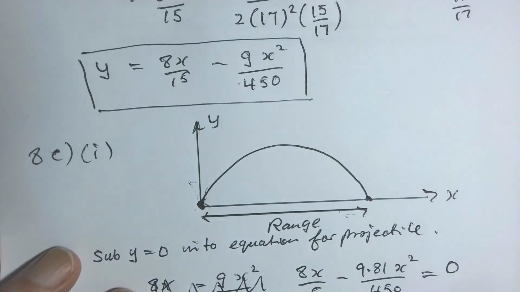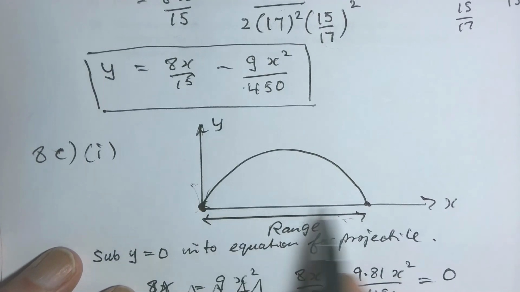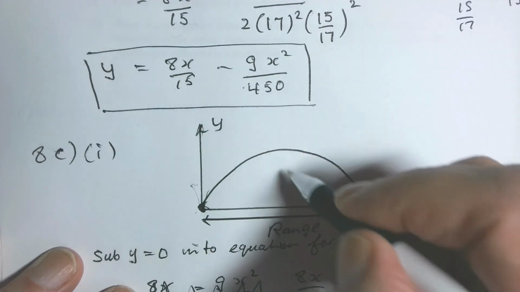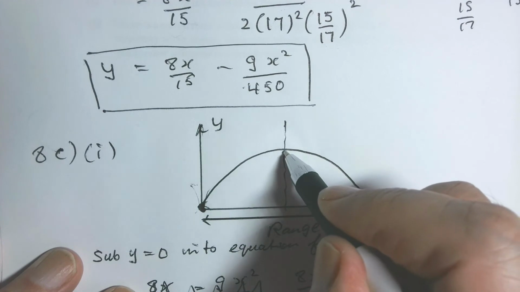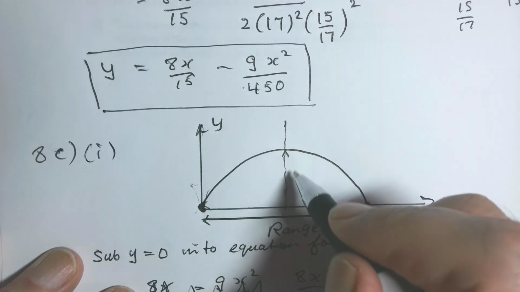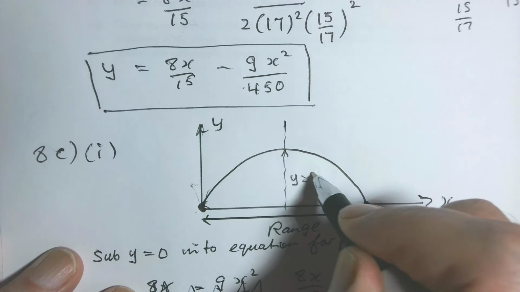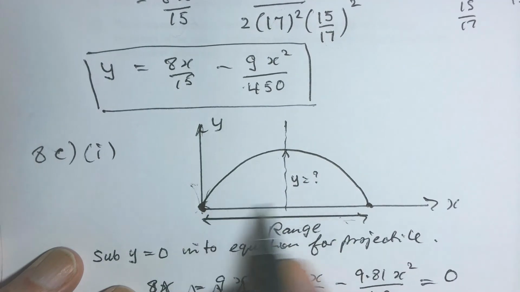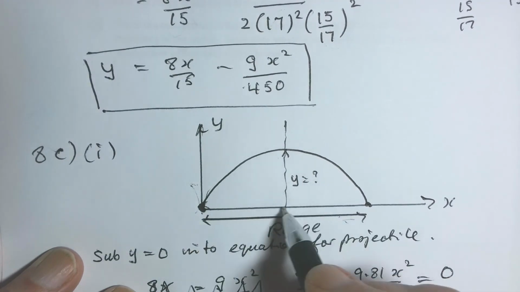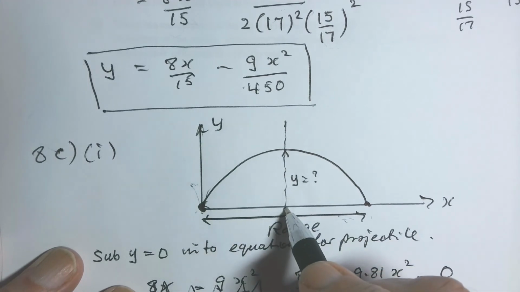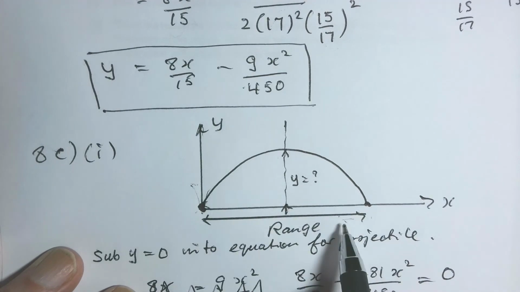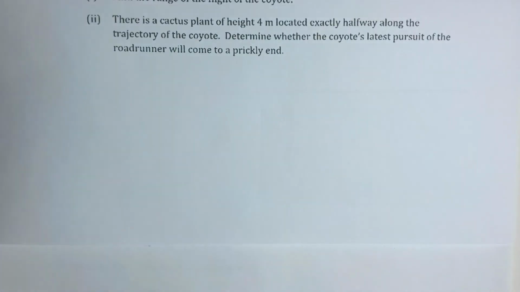Well, halfway along the trajectory is exactly in the middle, isn't it? What we want to know is the value of y when x is equal to half the range, and we've just worked out the range. It's 24.5.